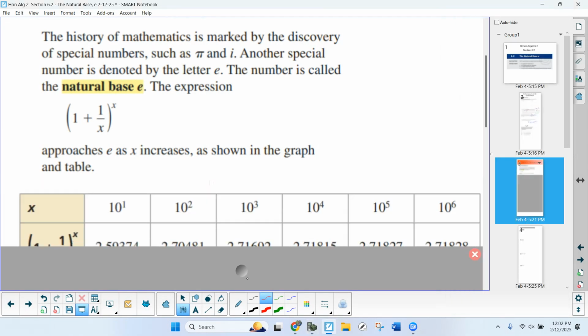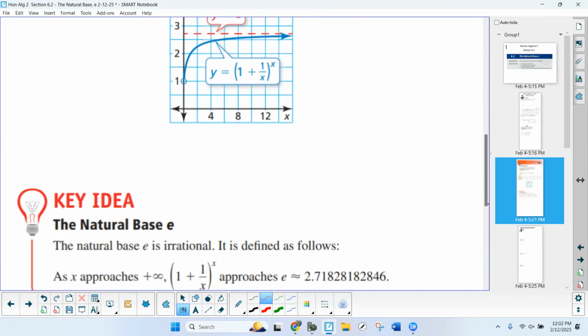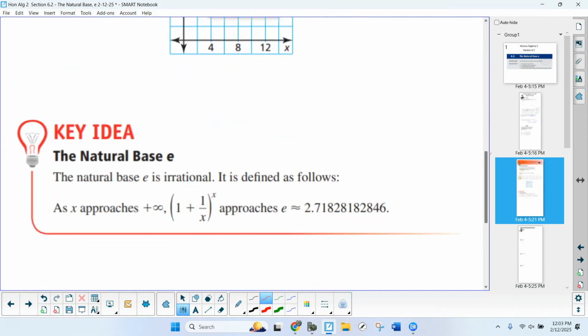It is approaching the number 2.71828182846. It's an irrational number, just like pi. Okay, it approaches that number.